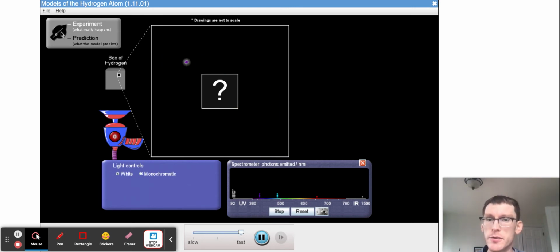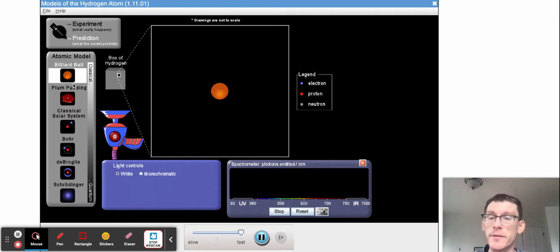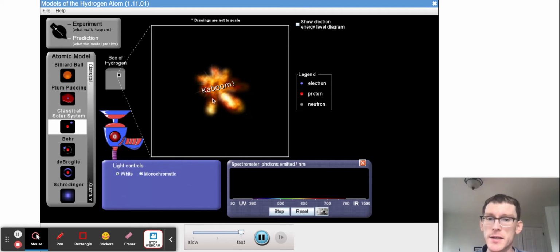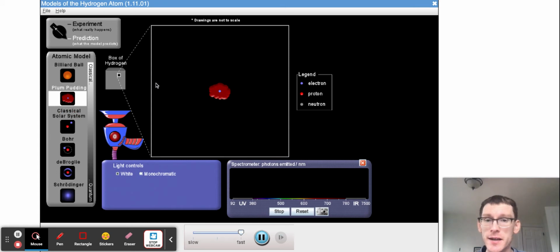and I'm going to go to the different models that we had of the atom. So if we go back to, say, the classical solar system model, this is the model that was devised by Rutherford. And what we saw, I'll reset this one more time if I can, is the electron is basically spinning.